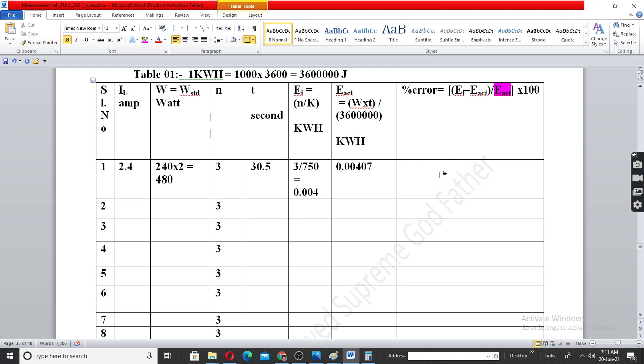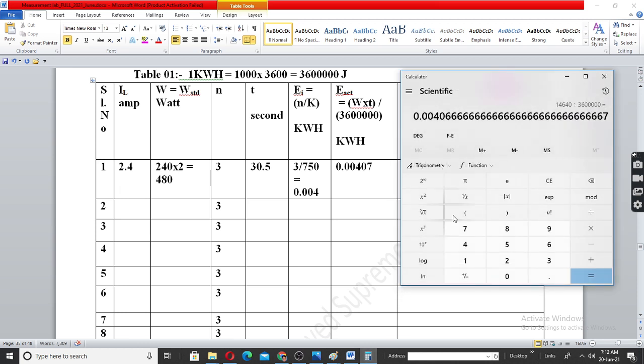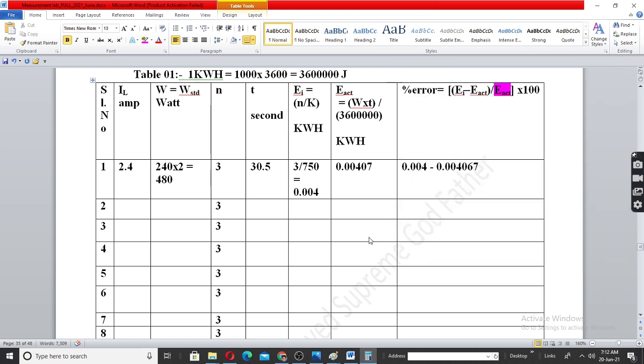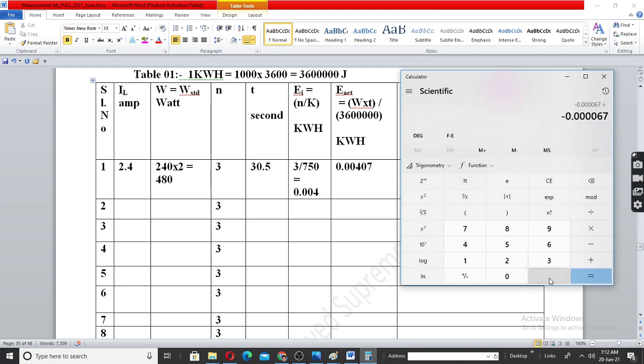Here we get 0.004 minus 0.00406667, divided by E actual, which is 0.00407.